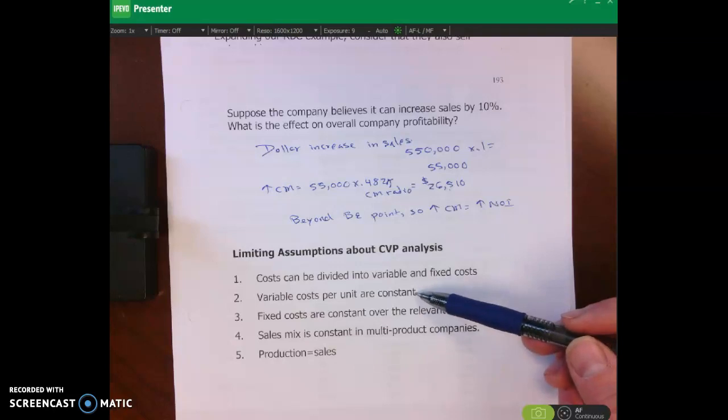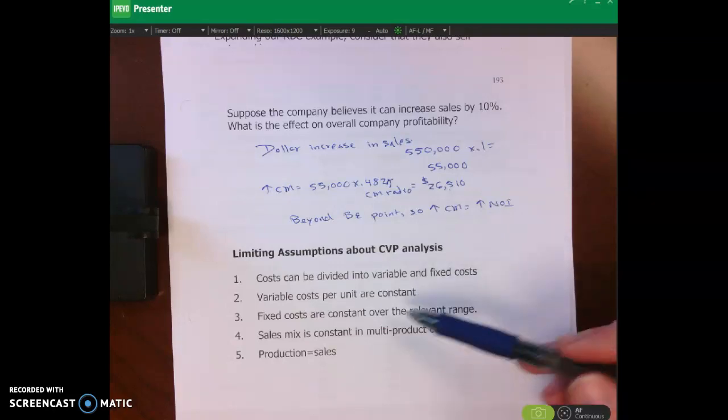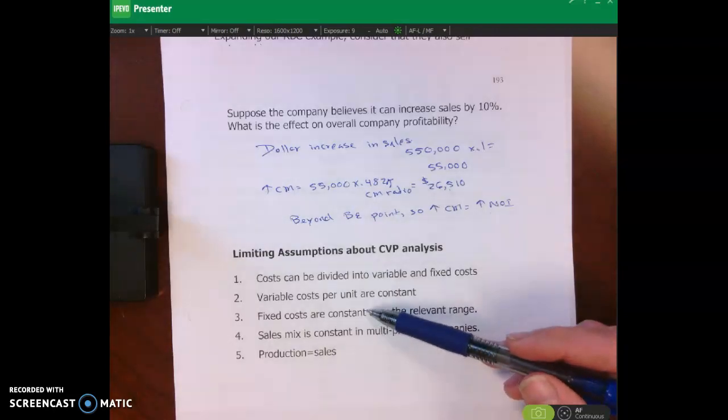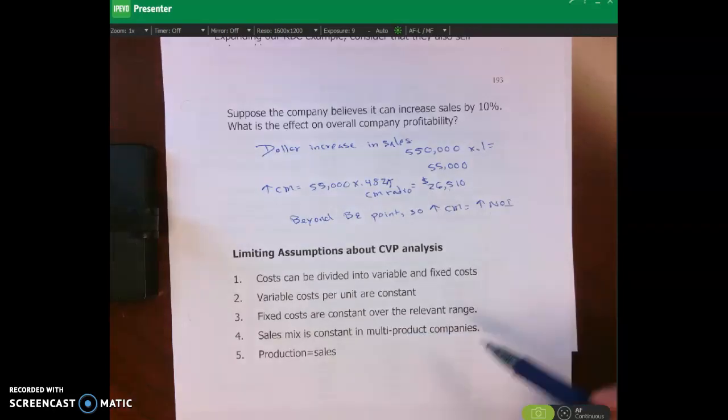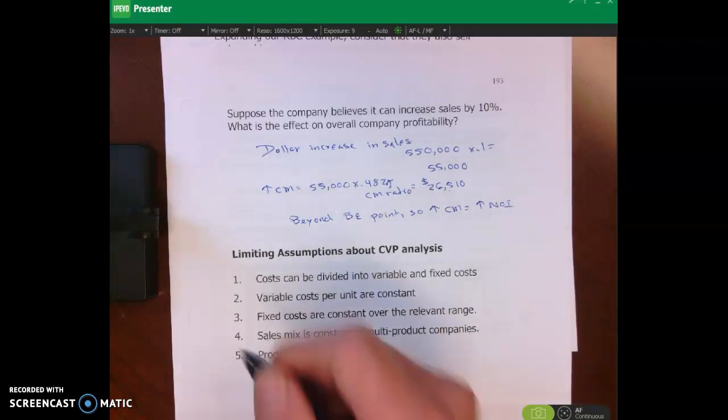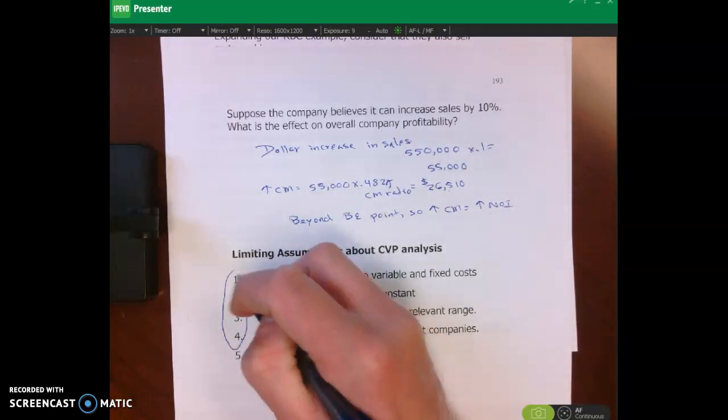We also assume that variable costs per unit are constant, that we're within the relevant range, that fixed costs are also constant, and that we can estimate the sales mix for multi-product break even and that it remains constant. Those are the assumptions we really need to focus on.